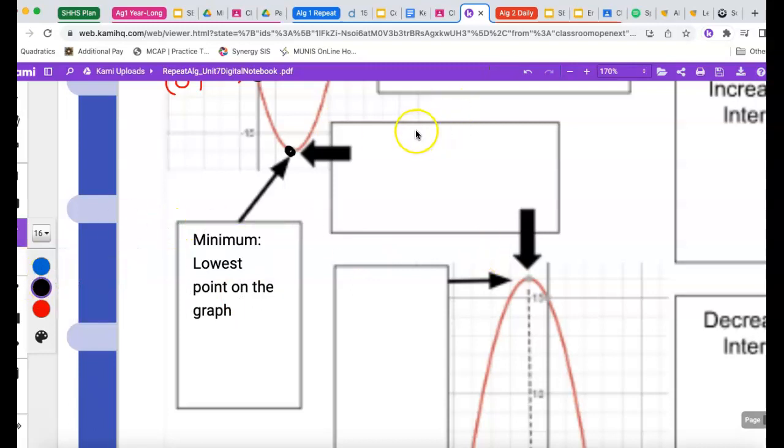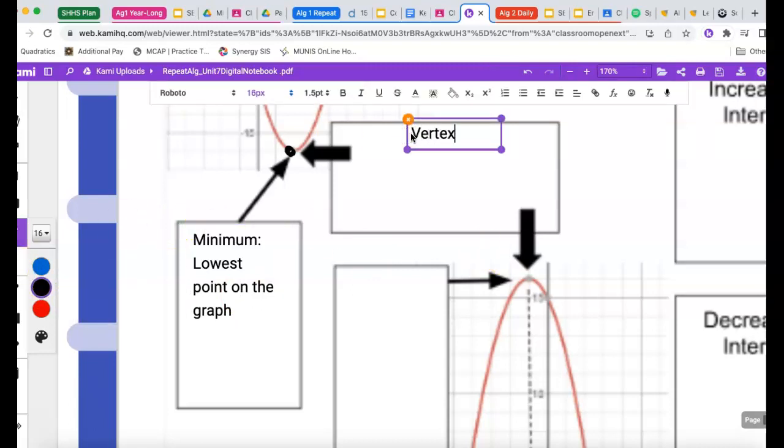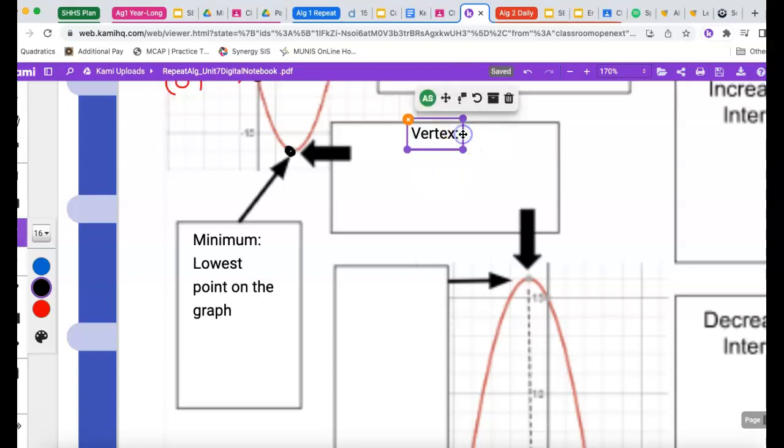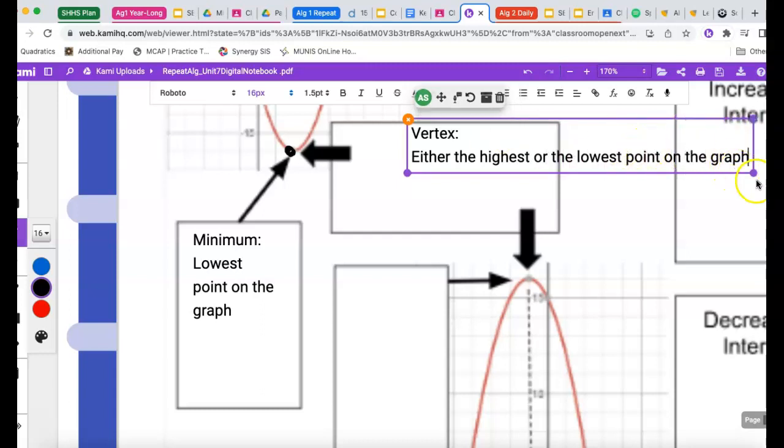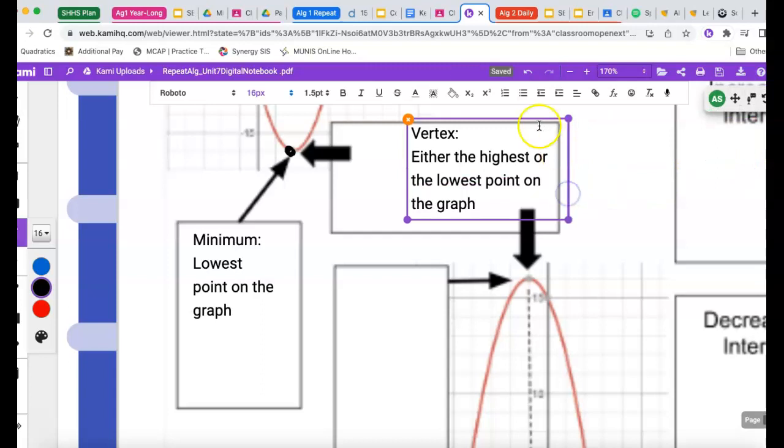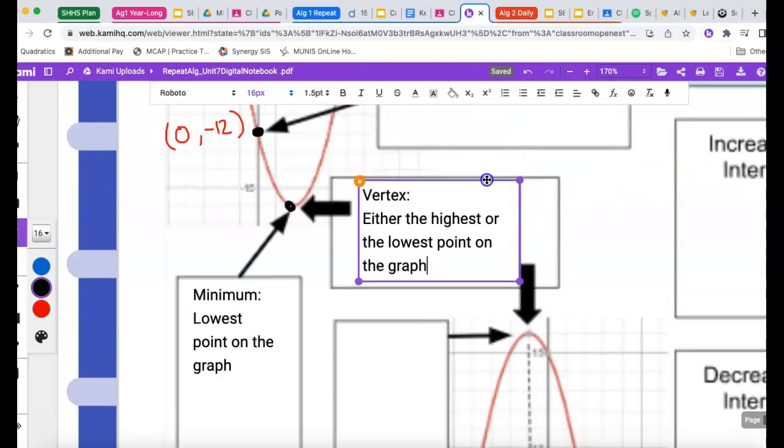Now we can also call that minimum value a vertex. The vertex is either the highest or lowest point on the graph. So the vertex can be a minimum, which we can see that that minimum value right here is the lowest point on that graph.